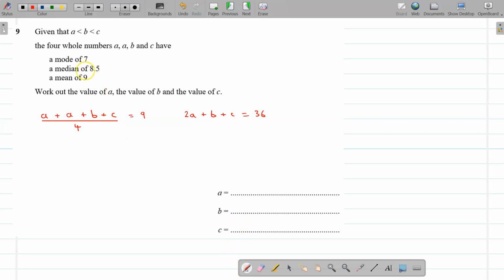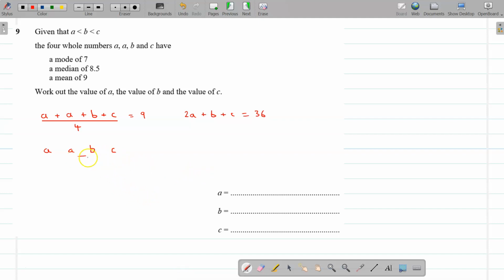Next, I know that the median is 8.5. Now the median, if I put the four numbers in order, is the one that would be in the middle of these two here, because there's an even number of numbers.